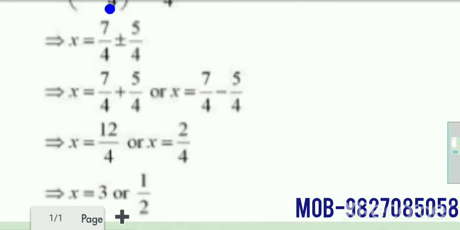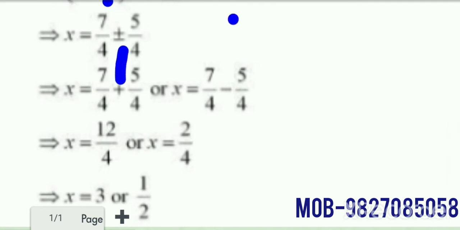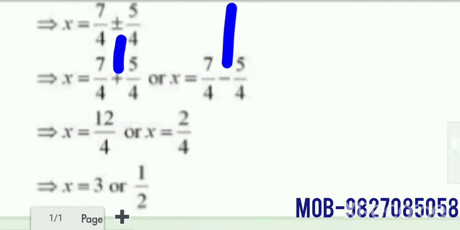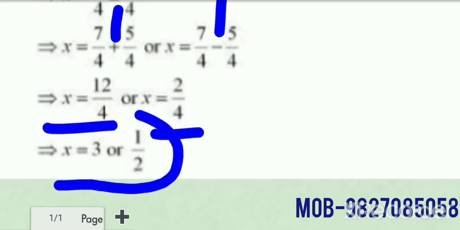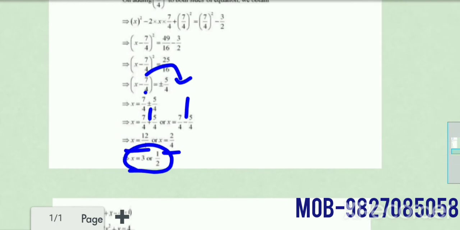Now taking plus sign and taking minus sign, so we got x is equal to 12 by 4 and 2 by 4, and finally the value of x is equal to 3 and 1 by 2. Okay, this is the completing the square method.